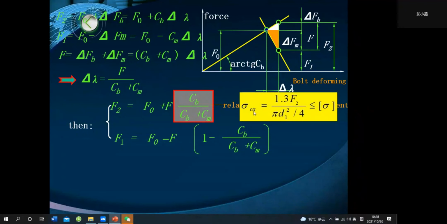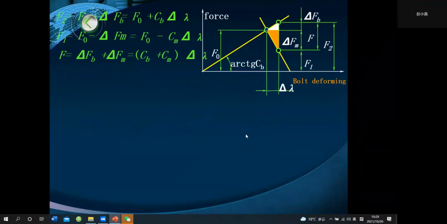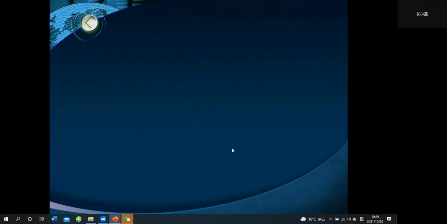The sigma ca is equal to the actual force divided by the area of the bolt and should be less than the allowable stress. So this is the area of the bolt, and this is 1.3 times F2. F2 is the actual force acting on the bolt. 1.3, so remember this, the condition.